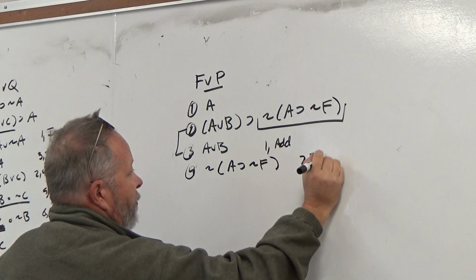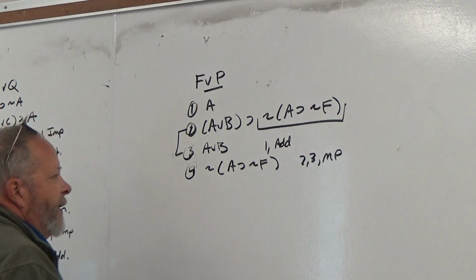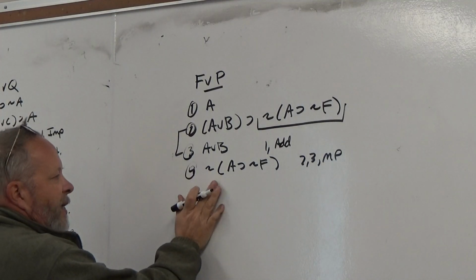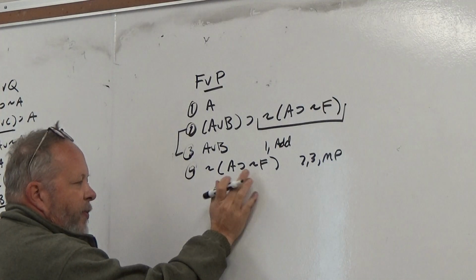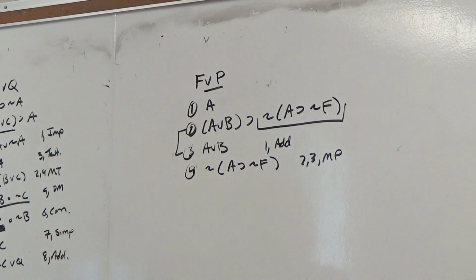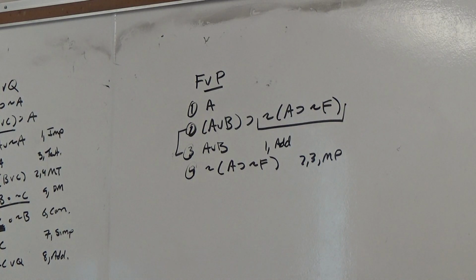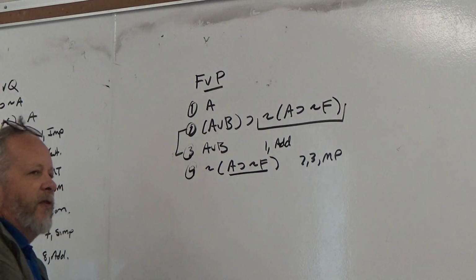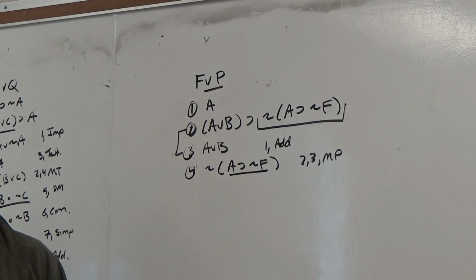2, 3 modus ponens. Okay, now I'm pretty locked up here because there's a negation and I want to push it through, but this is a then. And we can only push negations through when we have a negated conjunction or a negated disjunction. But I remember that I have a rule that lets me convert conditionals into disjunctions, to ors.